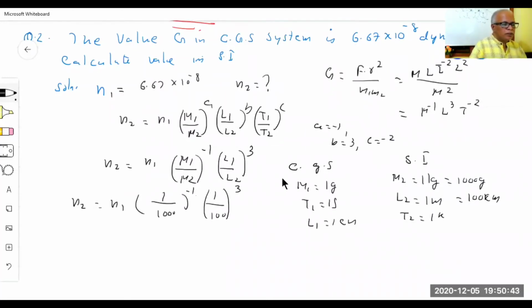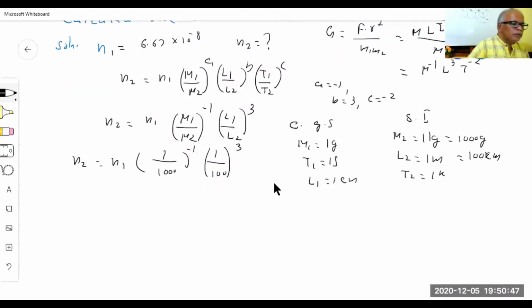So what will it be? N2 is equal to N1 into 1000 by 10 raised to 6, so N1 into 1000 into 10 raised to minus 6, which is N1 into 10 raised to minus 3.